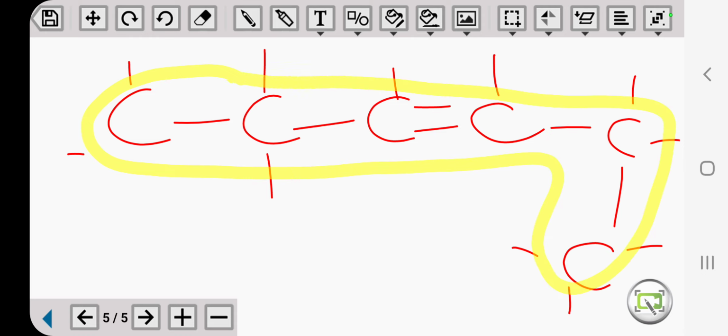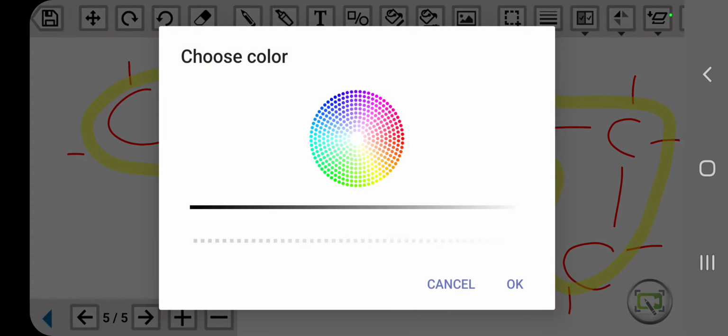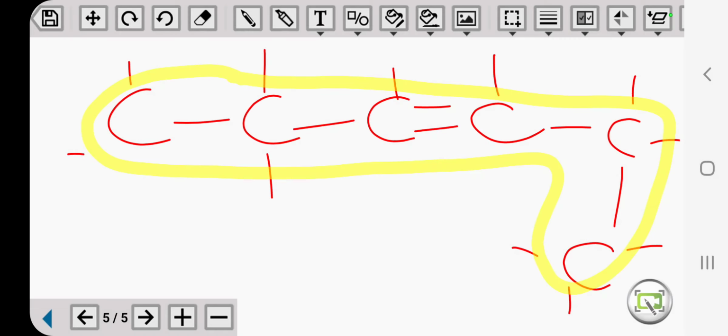But because there is a double bond in it, we need to number it. We're going to number on the side where the most is happening first of all. Now if you look closely, this double bond is exactly in the middle. So it doesn't really matter whether we start numbering from left to right or right to left. I just like numbering left to right.